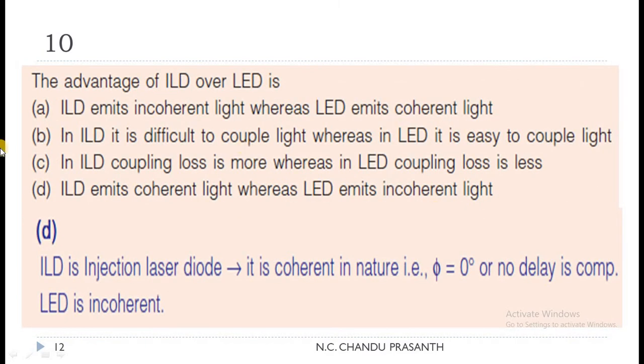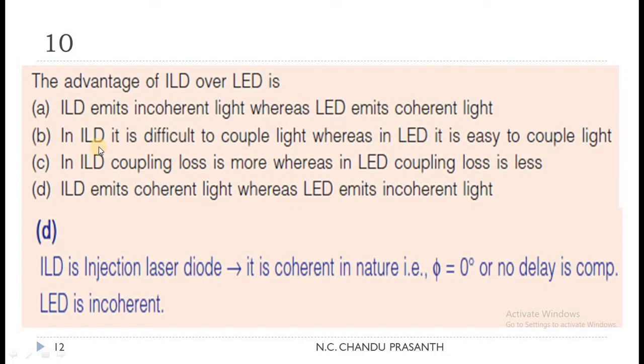Okay, and next one, 10th one, the advantage of ILD. What is meant by ILD? Injection laser diode over LED, light emitting diode. What is the advantage of injection laser diode over light emitting diode? Option A, ILD emits incoherent light whereas LED emits coherent light.